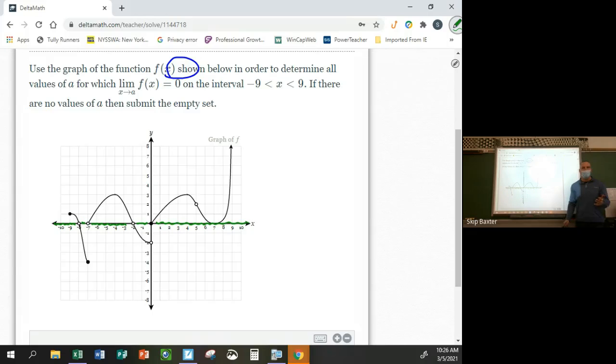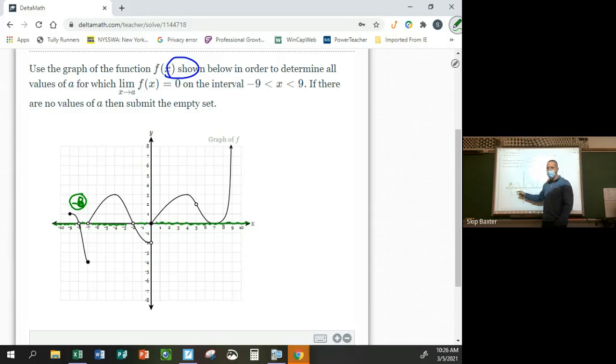You just need to identify at which of those 5 points, if any, the limit is actually 0. Is the limit actually 0 at this point? Yes, it is, right? Because it's a hole in the graph, and the y-coordinate of the hole is 0. So -6 definitely works. Is the limit, what's that? -8. Oh, 8. That's an 8. Yeah, thanks.